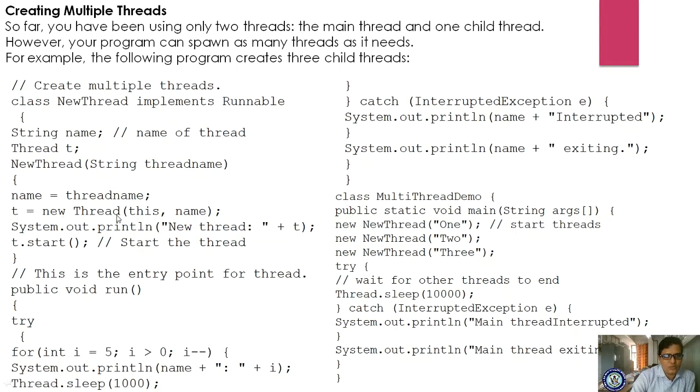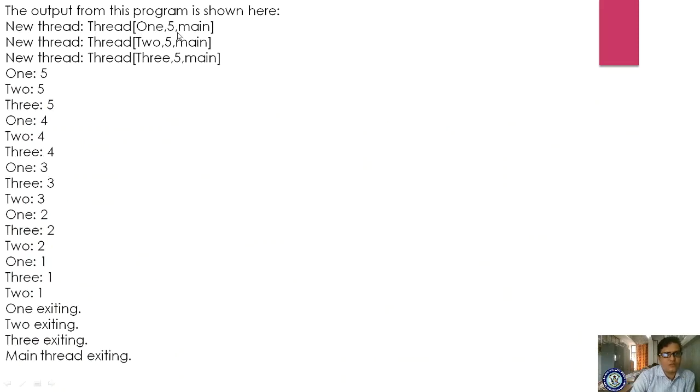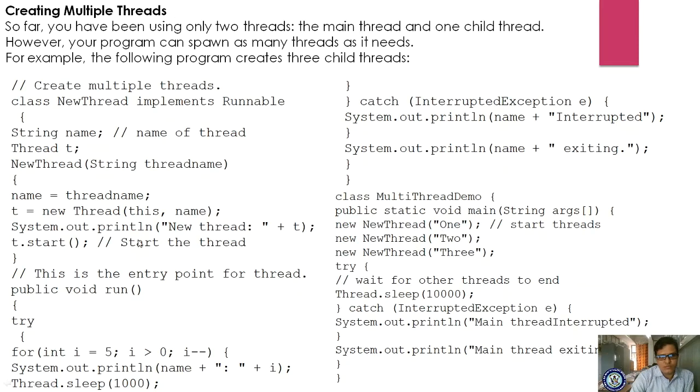In your output you are identifying that 1, displaying new thread plus t 1, and whenever you start it will come 5 times, 5th time, 4th time, 3rd time, right? So you are identifying here 1 5 main, the main thread.